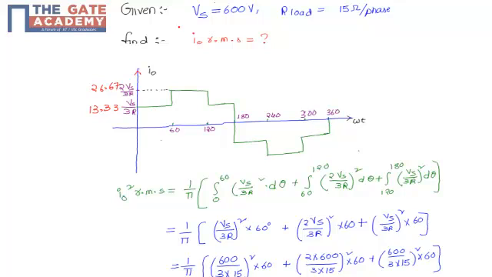We have to find the value of I0 RMS. From the diagram we calculate I0 square RMS.